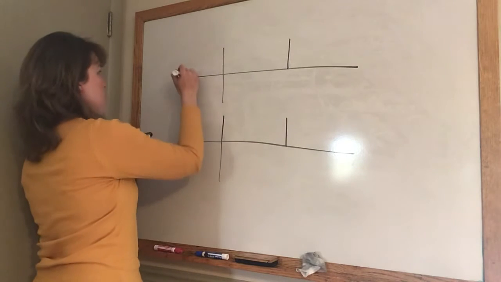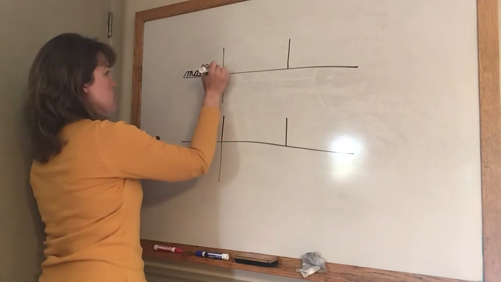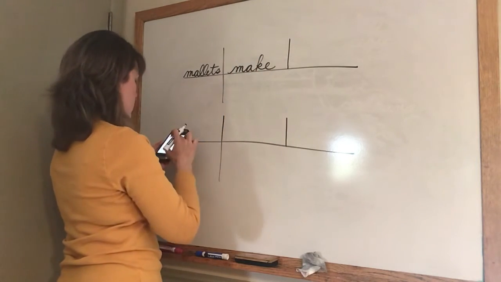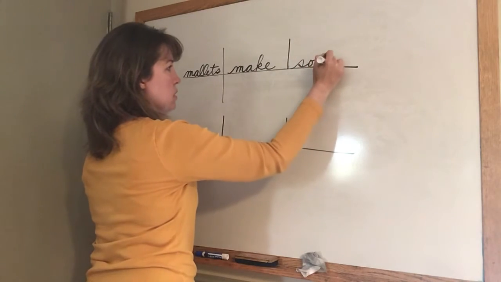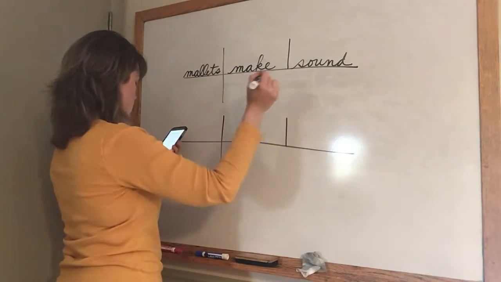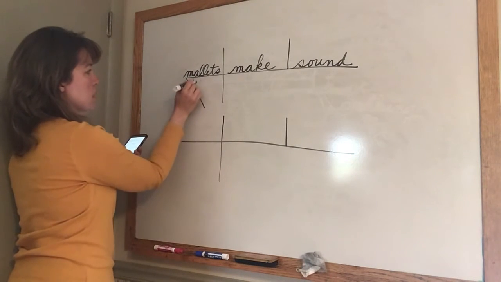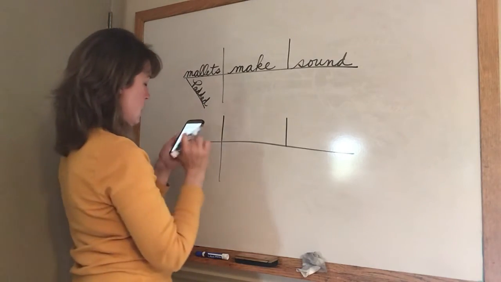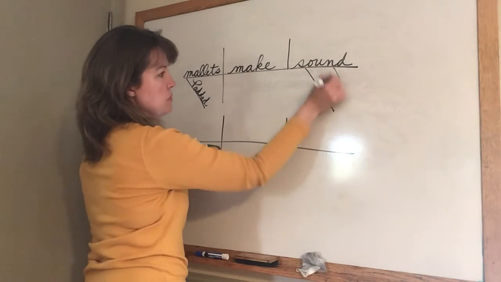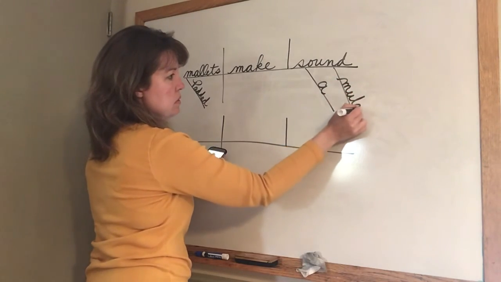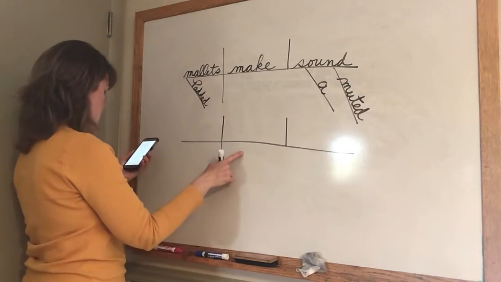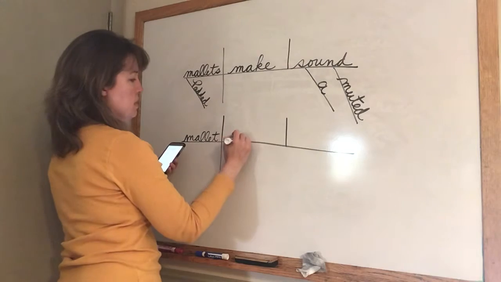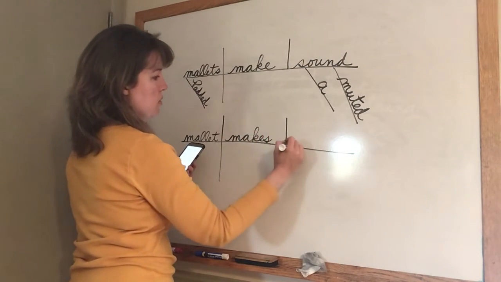Okay, so mallets make sound. What kind of mallets? Padded. What kind of sound? A muted. And then down here, same thing, except this time it's mallet makes sound.